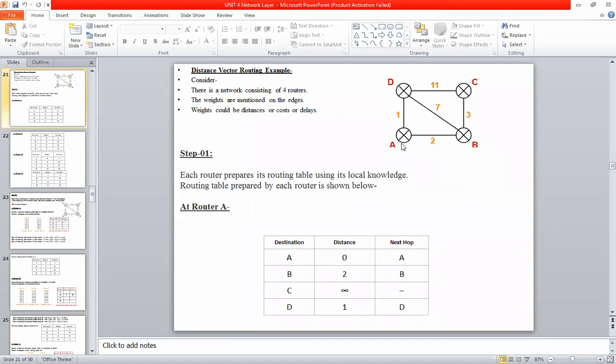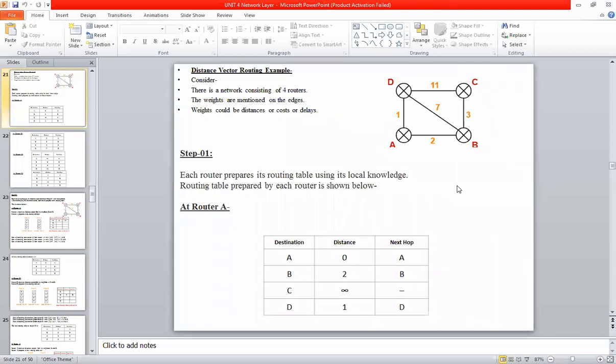And the destination is C here. You have to take the route from A to C. In the distance vector routing example, the main idea is that the router is directly connected to that particular router.